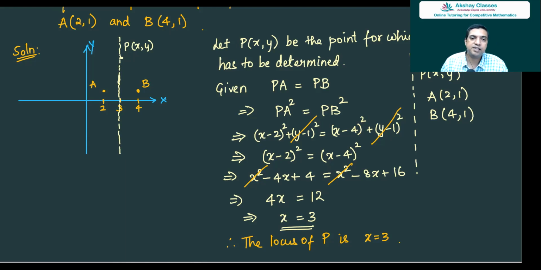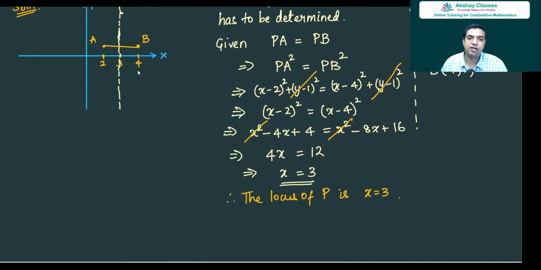So you can see that it is perpendicular to the line AB. AB is a horizontal line and this locus is a perpendicular line. Okay, x equal to 3 line.